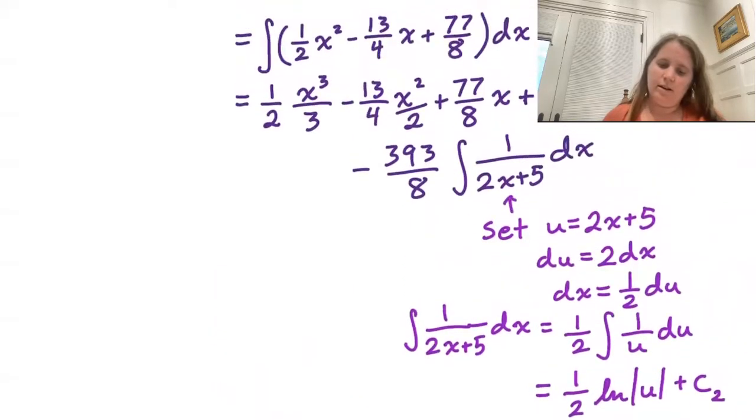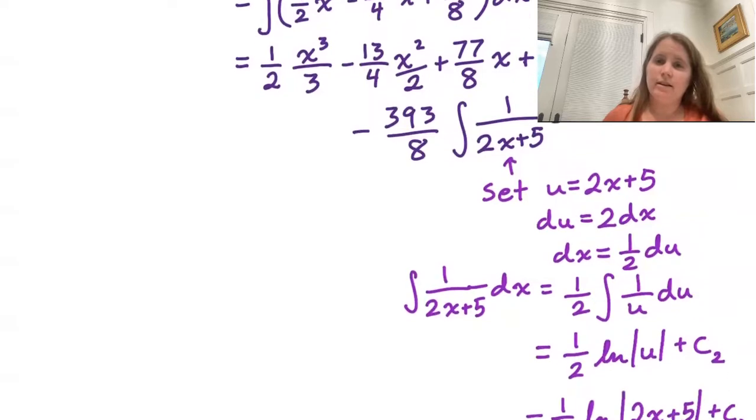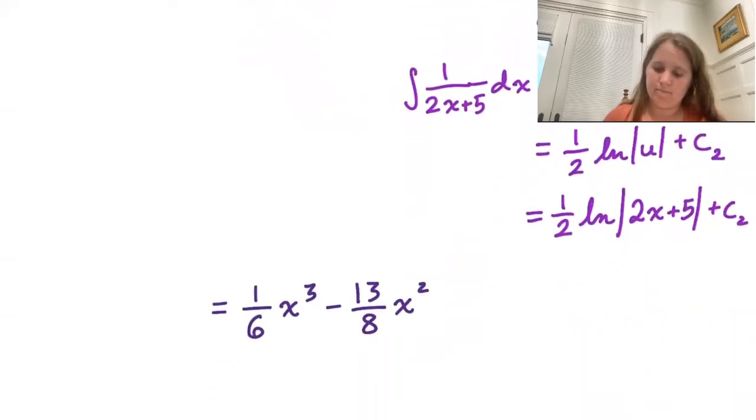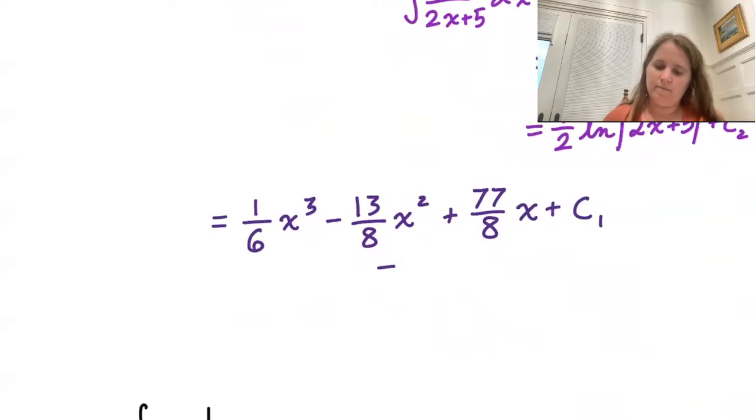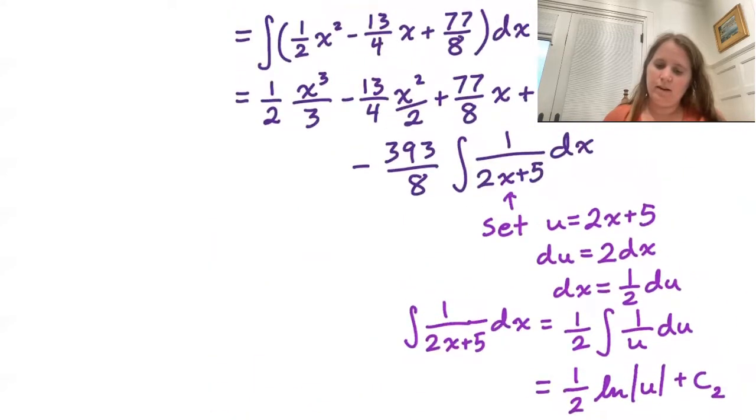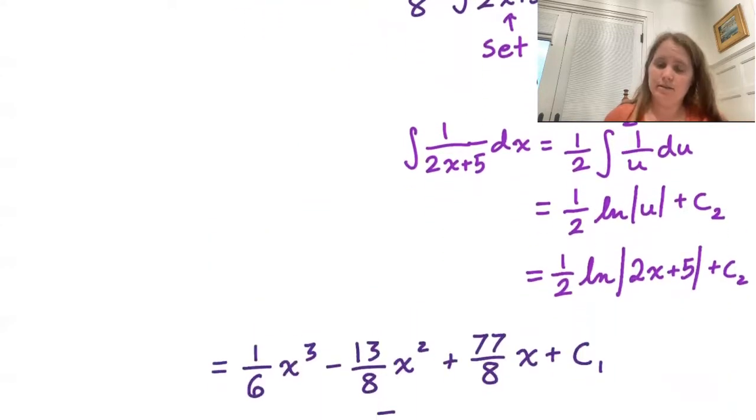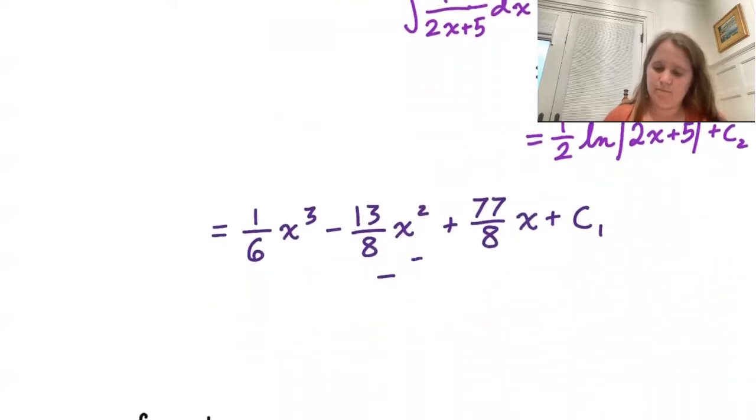Then we had plus 77/8 x, plus C1. And then we had minus 393/8 times this integral we just found.